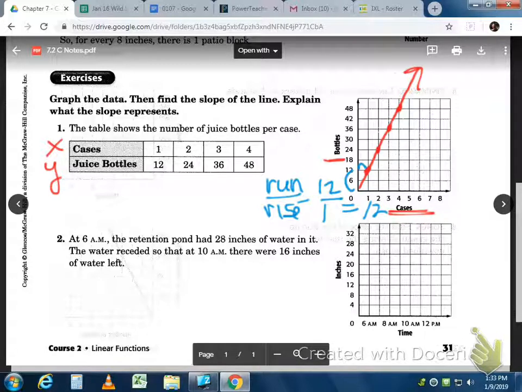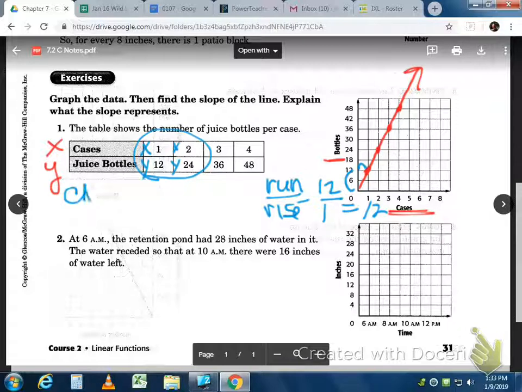If I had to give an answer right now, I would say 12 bottles per case, because it's y over x. 12 per case. But let's do what they did. Let's pick out 2 points. Let's pick out these two, right? So there's x, y, and x, y.